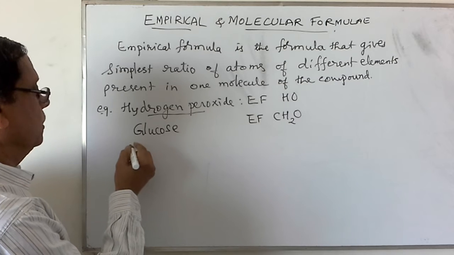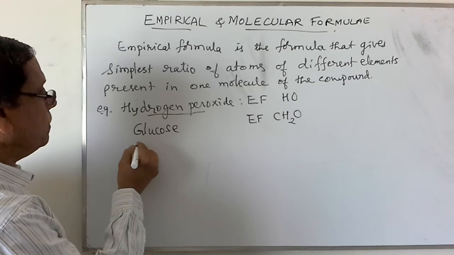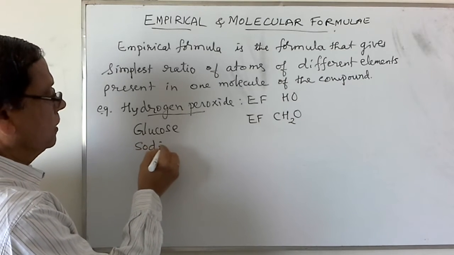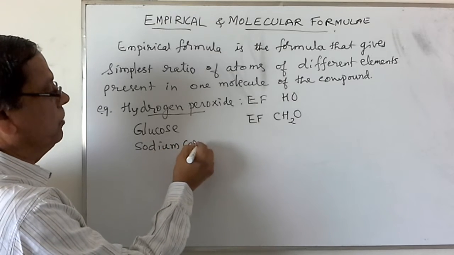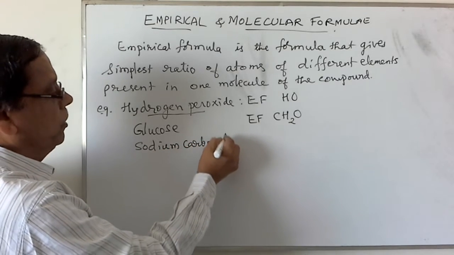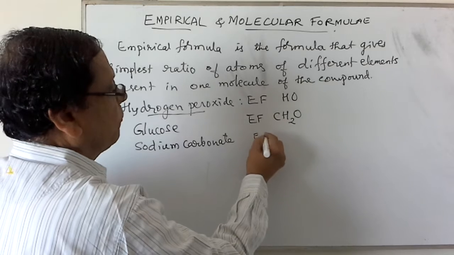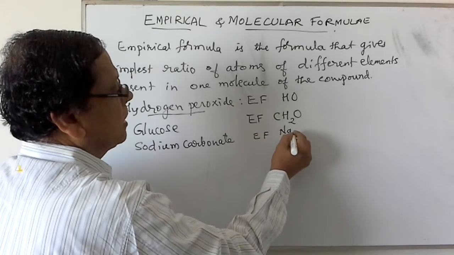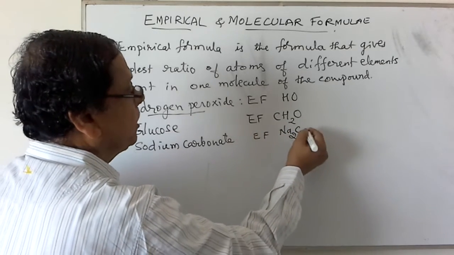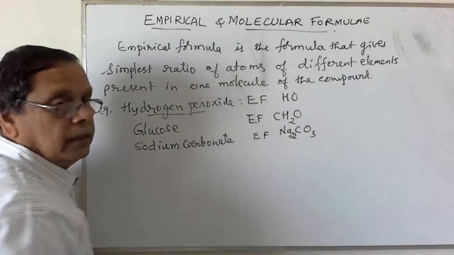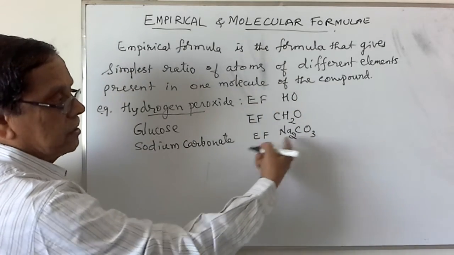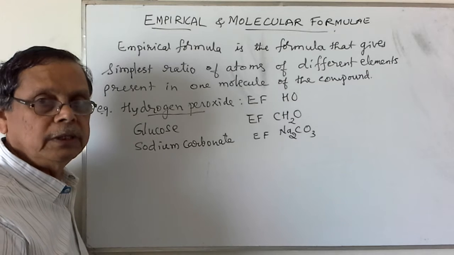Similarly, we have sodium carbonate. Even though it is an inorganic compound, we can consider the example. For sodium carbonate, the empirical formula indicates that sodium, carbon and oxygen are in the ratio 2:1:3.